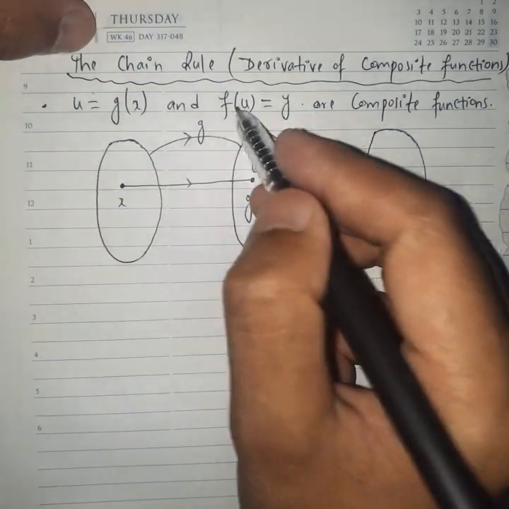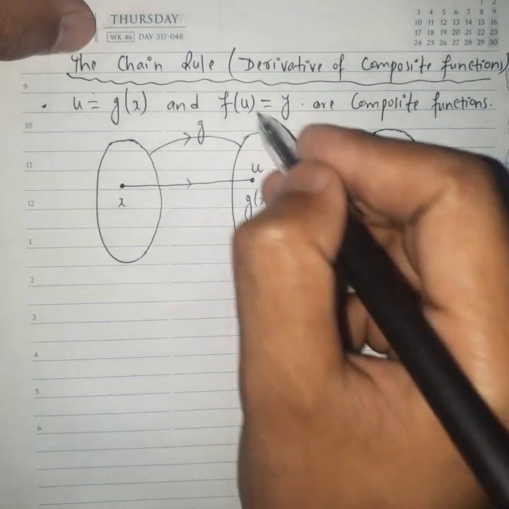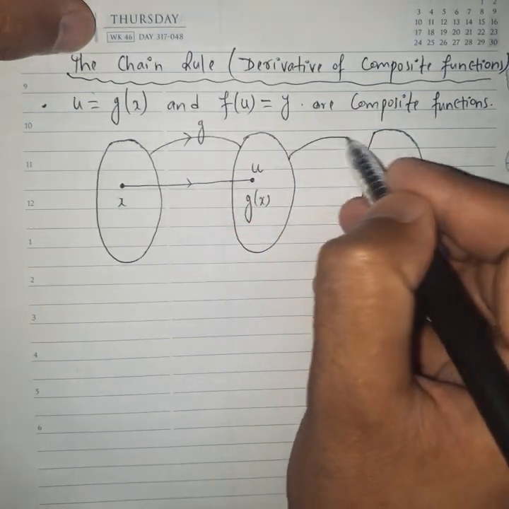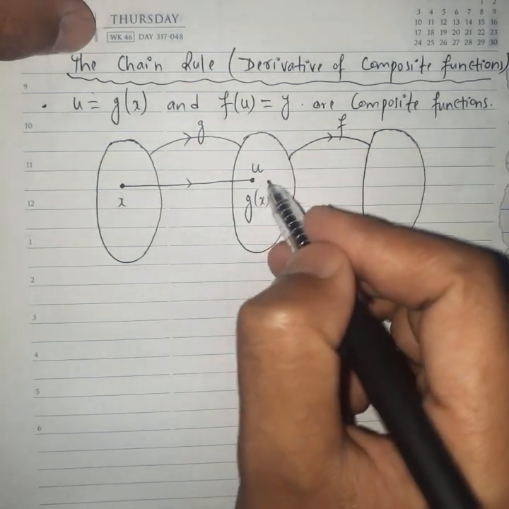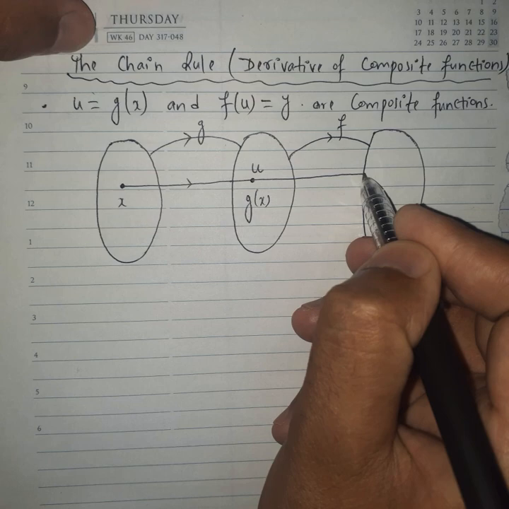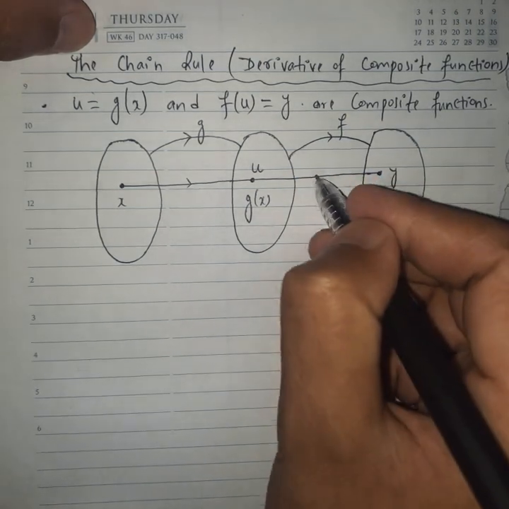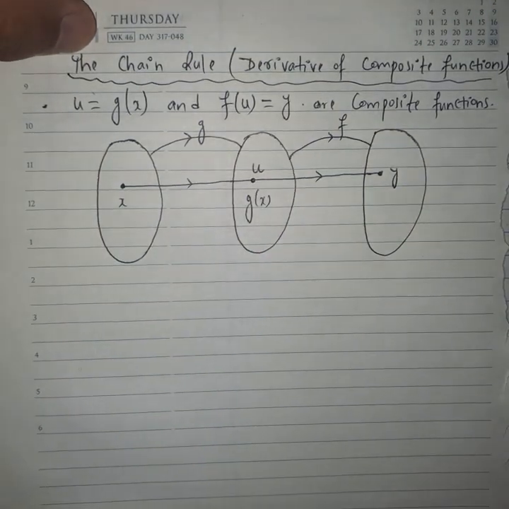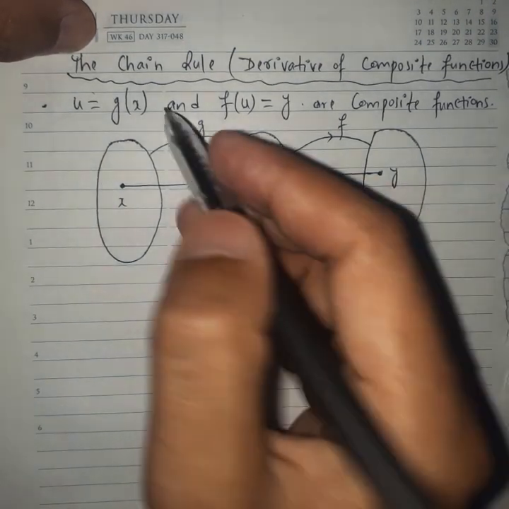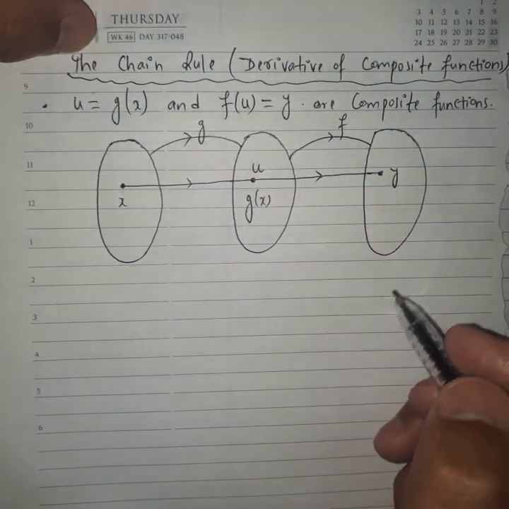And the next function f is formed by taking this u as an input. This is function f, which takes u as an input and produces the corresponding output y. y is the output of f. This is the mapping diagram, the balloon diagram, for these two composite functions f and g.